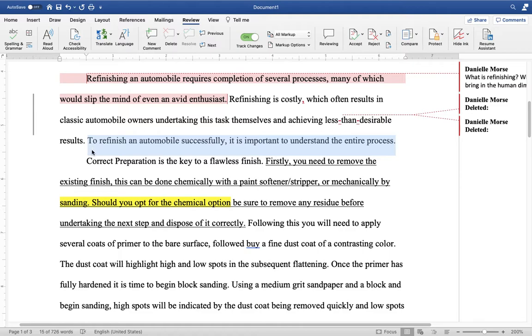So is it that if they understand the process, they'll be able to save a lot of money? I think this is the why: why refinish it yourself, and why understand the entire process. Obviously you want to understand the entire process. That's a given. But it's more like, what's the ultimate benefit, the ultimate takeaway from this process essay, I think is what's needed in this introduction.